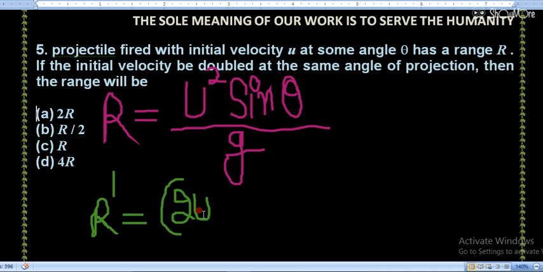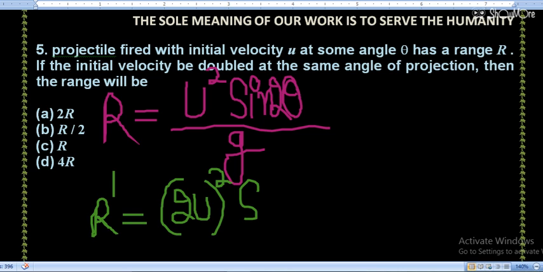square of 2u. Velocity is doubled in this case, but it is fired at the same angle, so here students we have to write sine 2 theta, sorry, here we have to write 2 theta.